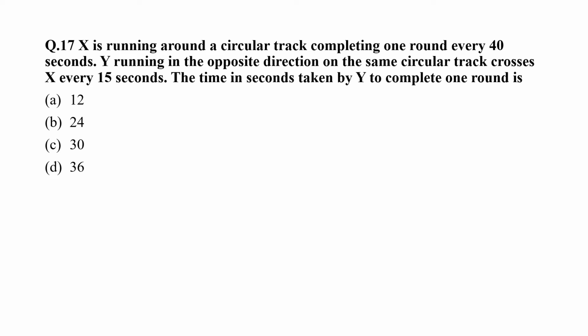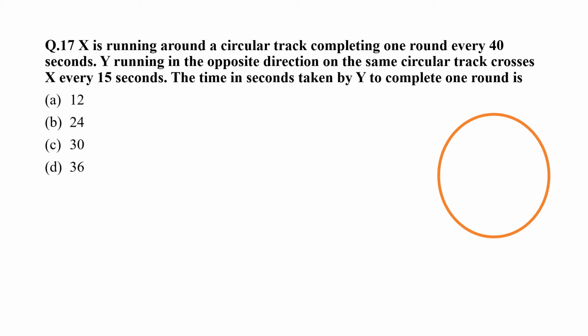Question number 17. X is running around a circular track, completing one round every 40 seconds. Y, running in the opposite direction on the same circular track, crosses X every 15 seconds. The time in seconds taken by Y to complete one round is? Let's try to understand.